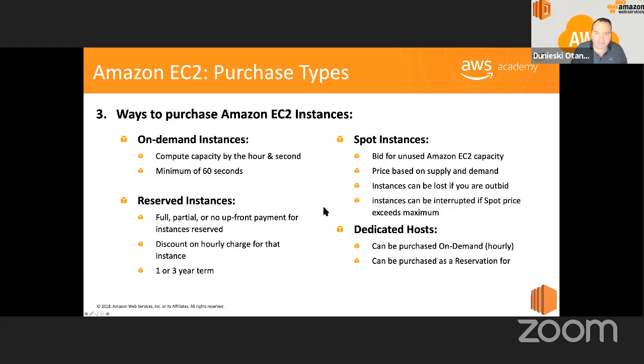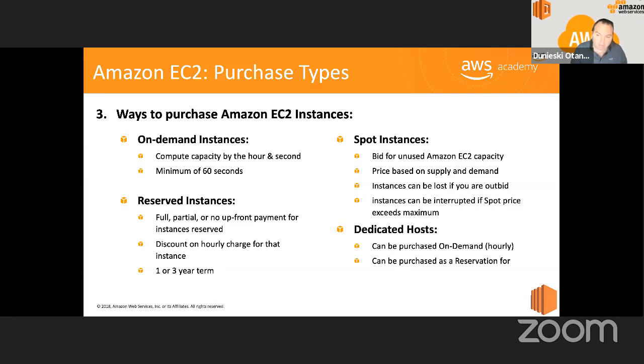Spot instances: you bid for unused Amazon EC2 capacity. This is spare capacity that Amazon doesn't use, so they put it in auctions, right? Now, the problem with spot is that you may lose it if the bid price increases. So don't use spot instances if you have sensitive data that you may lose. That's not good.